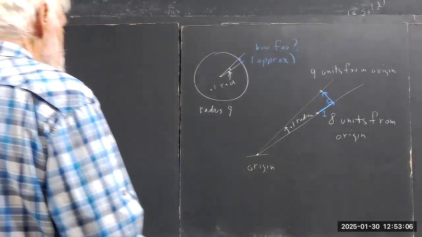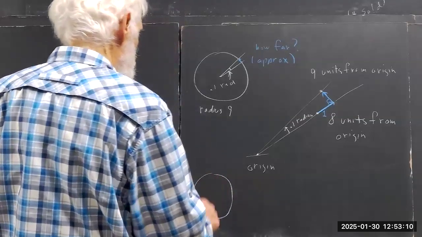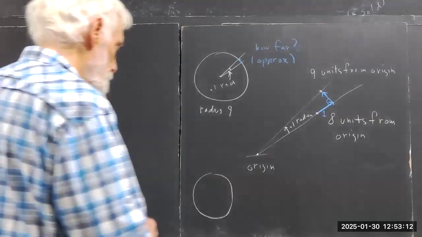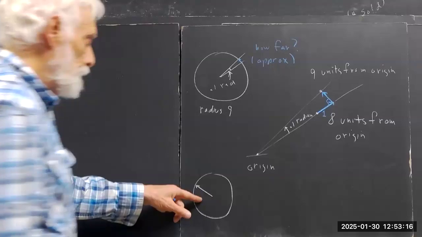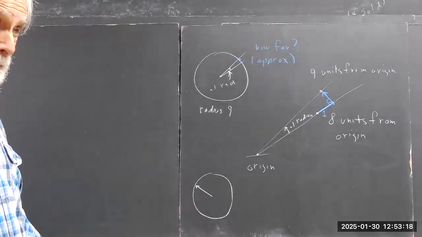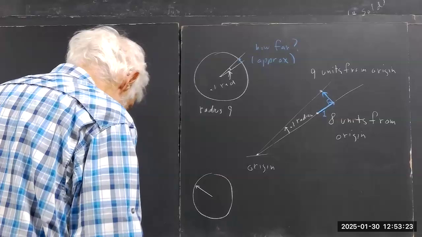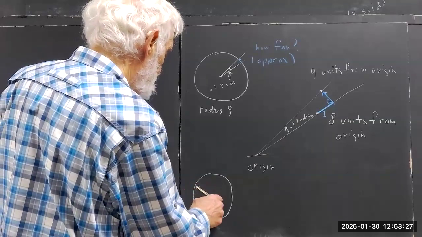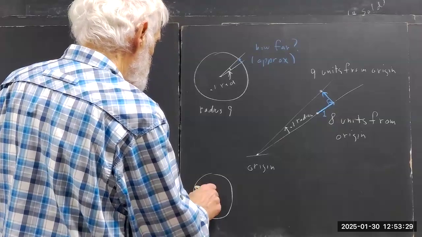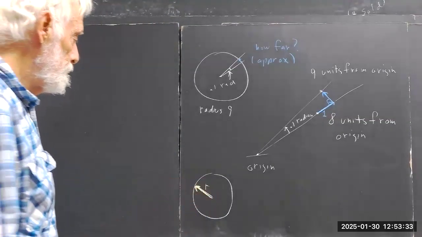This is not a formal definition. I'm just giving you the idea. Right there's the radius. And we'll use blue again. There's the radius, R.